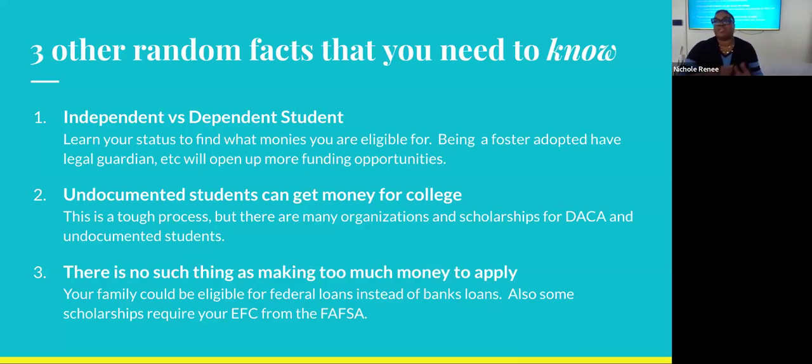Some of you may be considered an independent student because you may have had a fire, or you may have been evicted from your home, or some situation that caused you to have to move from your home and either live with someone else, live in a hotel, live in a shelter, a bunch of different scenarios. And if that has happened during the course of your senior year, in most cases, you can be considered an independent student. Some of you have lived with your grandmom or your auntie forever. You may be an independent student, but most of you are dependent.